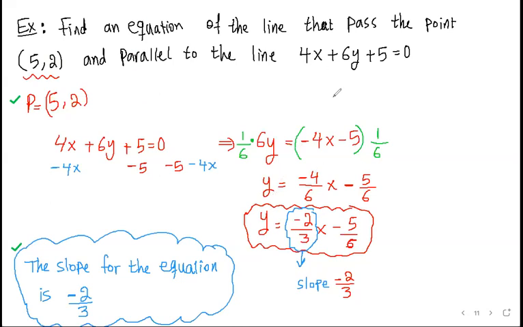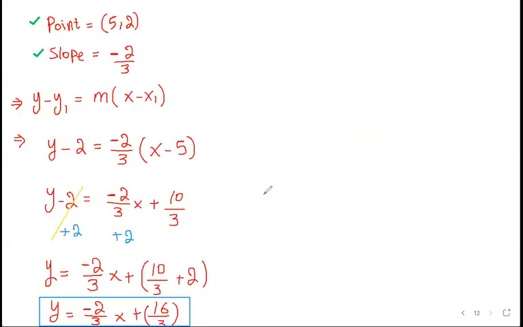They give me the slope, minus 2 over 3, and this slope is the same as the slope of the equation I'm looking for. So I plug the slope and the point inside the formula, and like in previous examples, I get y equals minus 2 over 3 x plus 16 over 3. This is the equation that the question asked for.